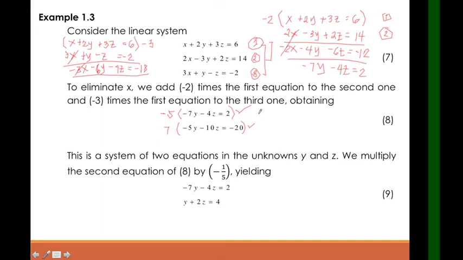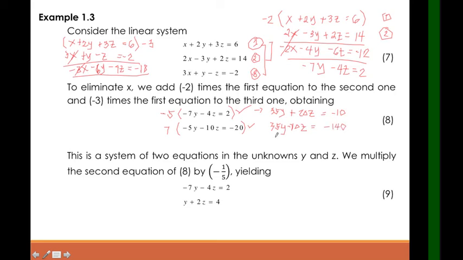So we have here negative 5 times negative 7 is 35y, positive 20z equals negative 10. On the other hand, we have positive 35y plus negative 70z equals negative 140.